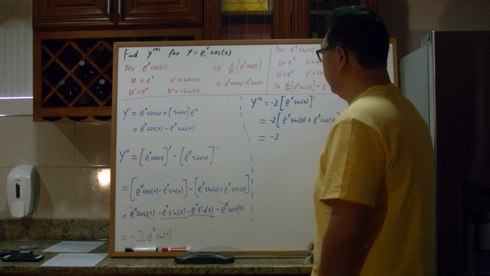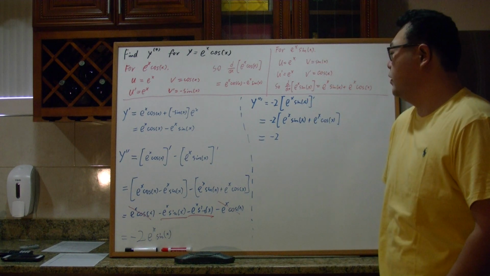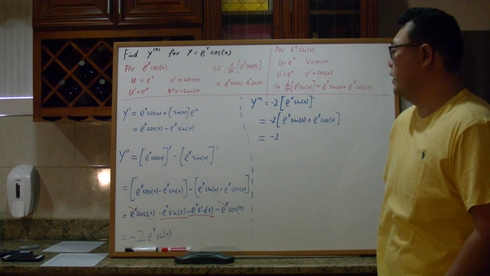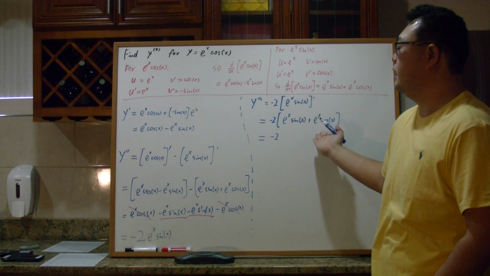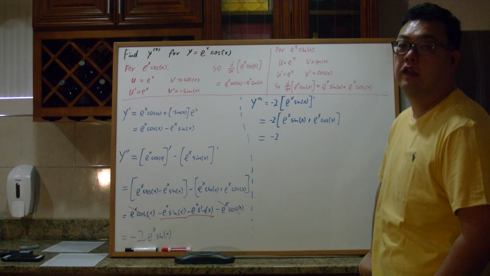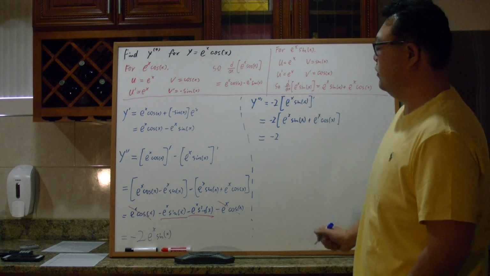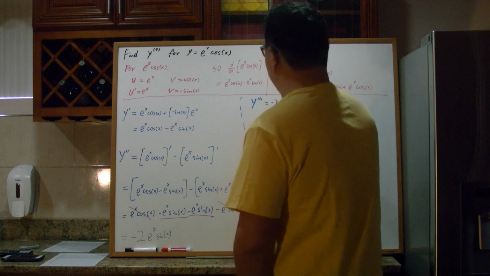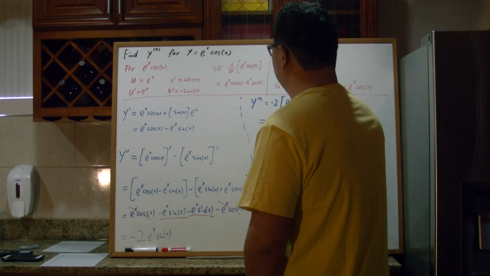We could leave that expression and don't have to multiply out, since we have e to the x sine x plus e to the x cosine x as the expression. We don't have to do the extra step of multiplying out since we need to find the derivative.